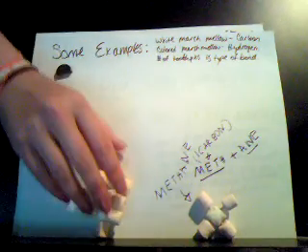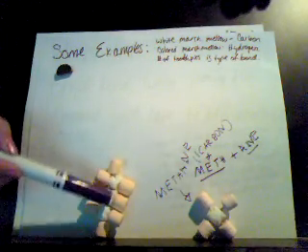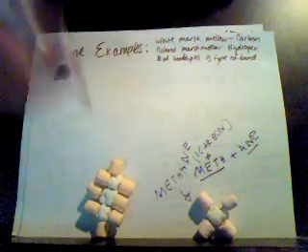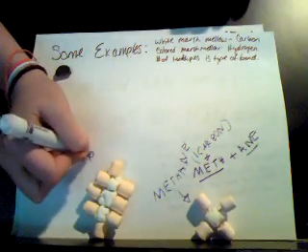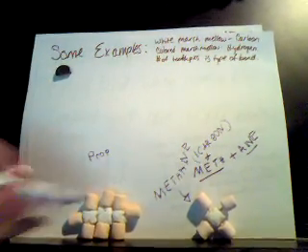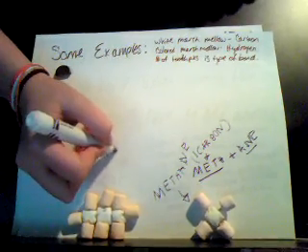With this one, you have how many carbons? 1, 2, 3 carbons. The prefix for that is prop. All of the bonds are single bonds. The ending is ane.